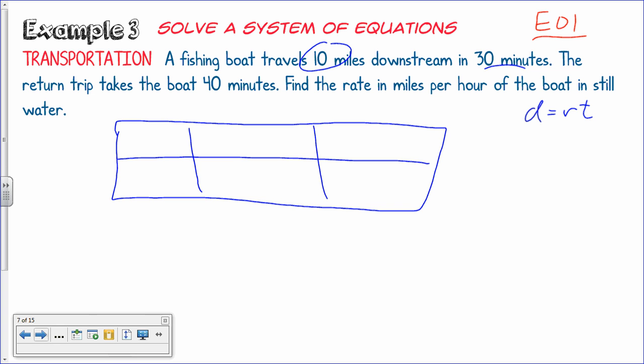Do you guys ever have one of those? Yeah. Okay, so, two scenarios. One is with the current, and then one is, instead of without, you should probably put against.